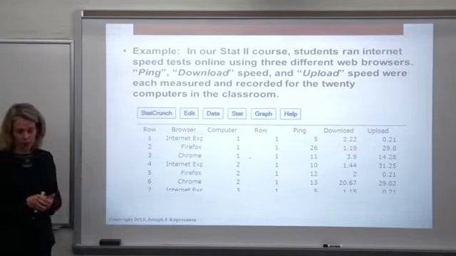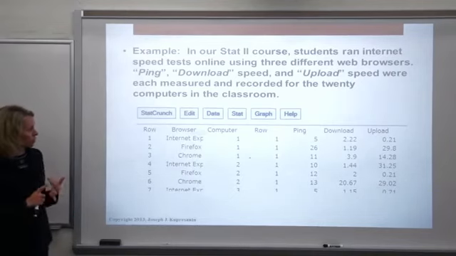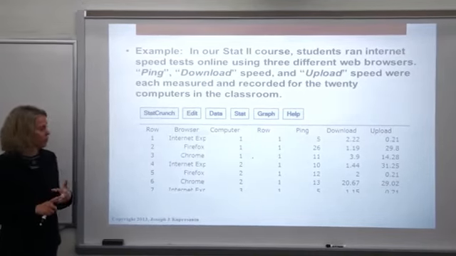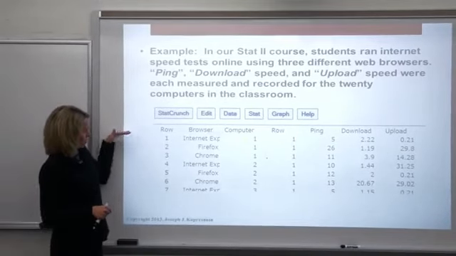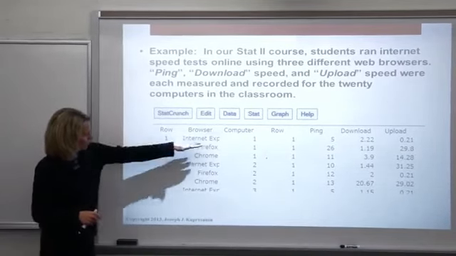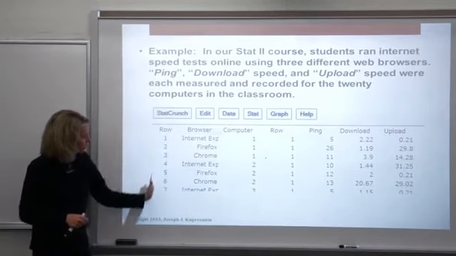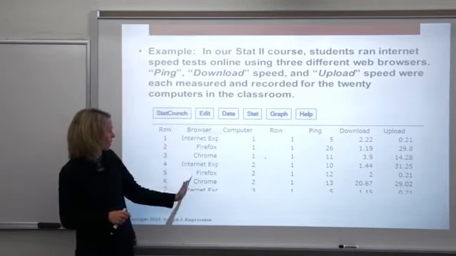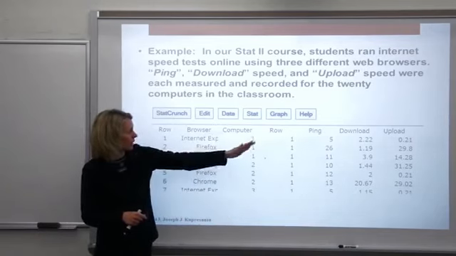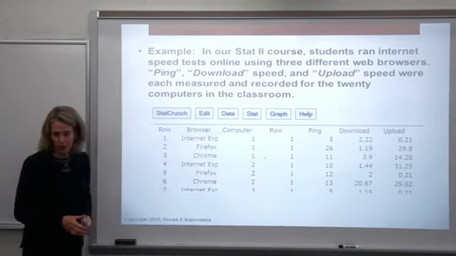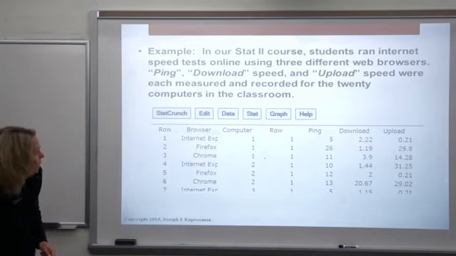So in here, let's identify which variables are quantitative, which are categorical, and which are identifiers. So the who would be each item in each row. The variables here that we want to classify are the browser that was used, the computer, the row, ping, download, and upload.